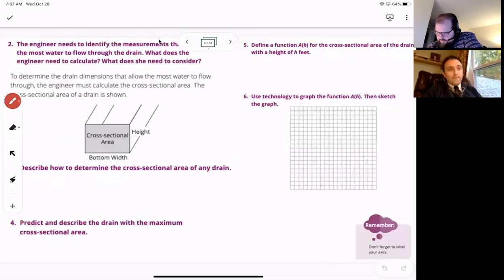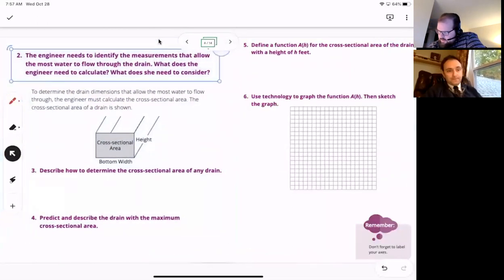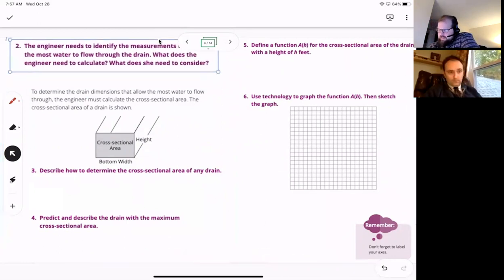All right. So now we have some more calculations to do. So we're trying to let the most water through the drain. We kind of teased this by suggesting that this was about volume because that's the most water.